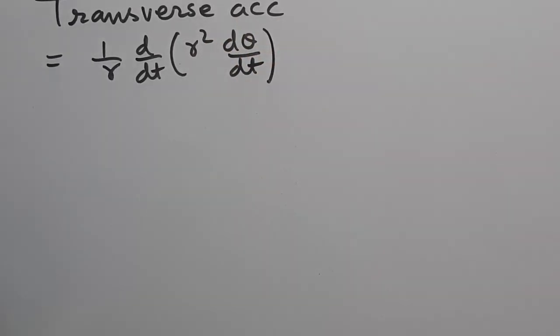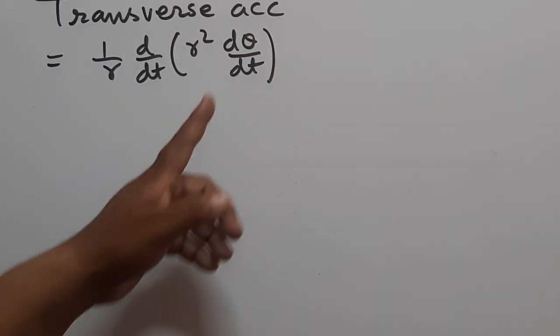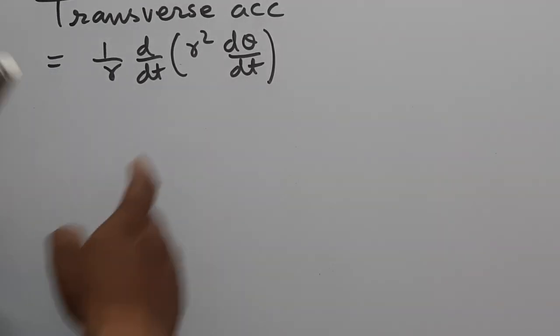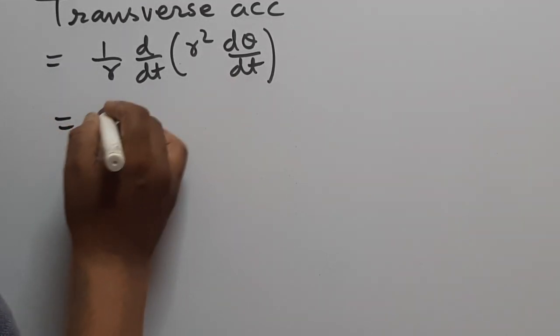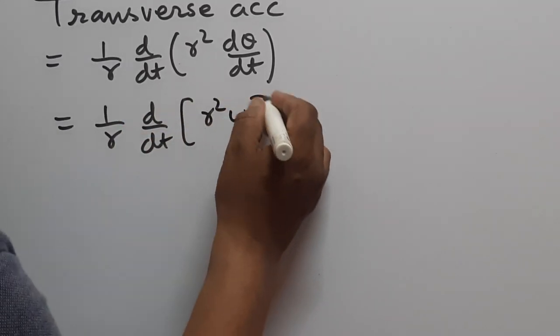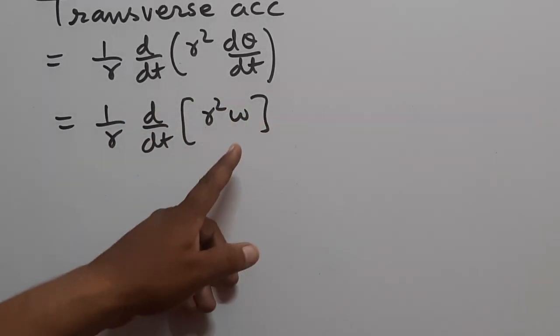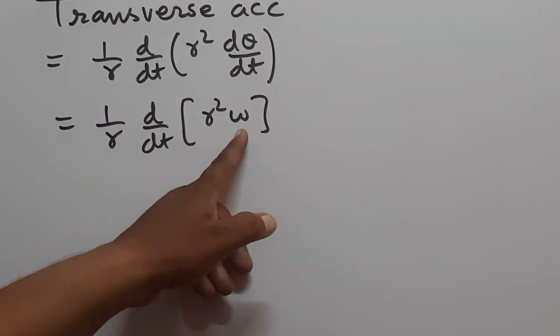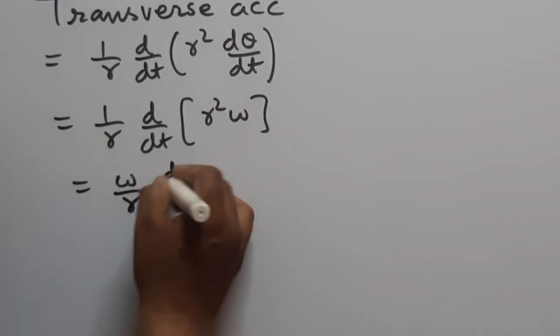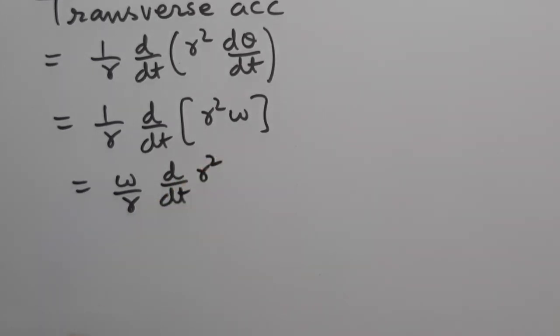This is the formula for transverse acceleration. Here d theta by dt is the angular velocity which is constant, and this is equal to omega. So we put here omega in place of d theta by dt. Now we take common omega from this differential operator. So we write here omega upon r d by dt of r square.